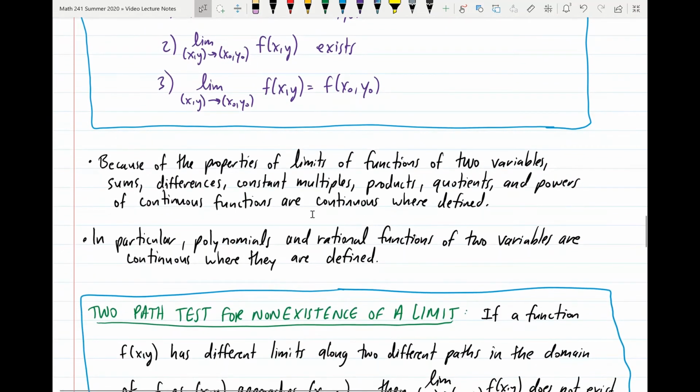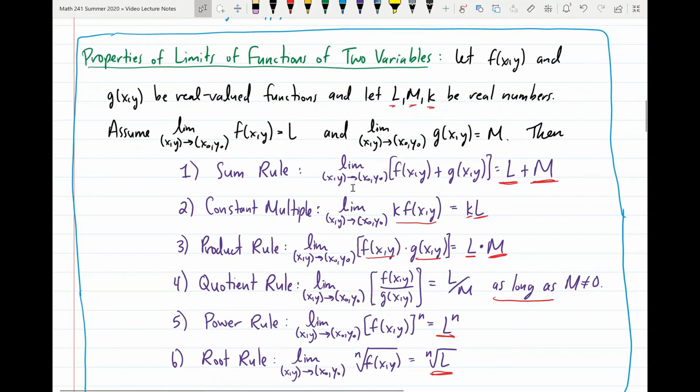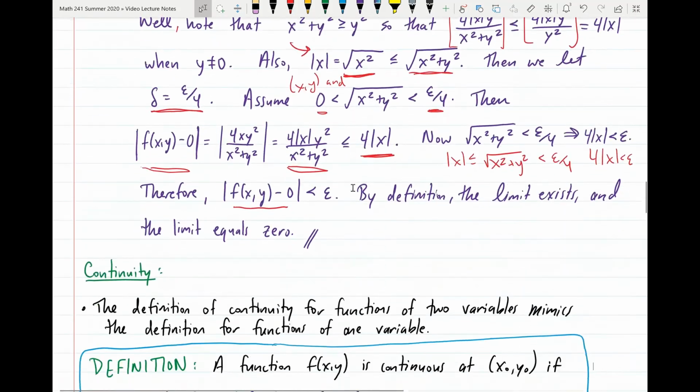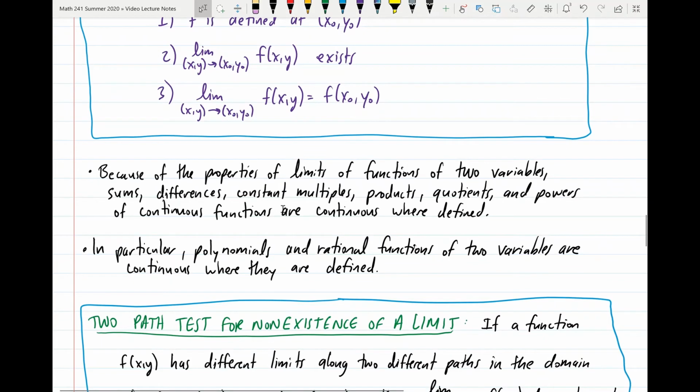So because of the properties of limits of functions of two variables, the properties that I listed in this box up here, because those properties hold, we can say that sums, differences, constant multiples, products, quotients, and powers of continuous functions are also themselves continuous whenever they're defined.